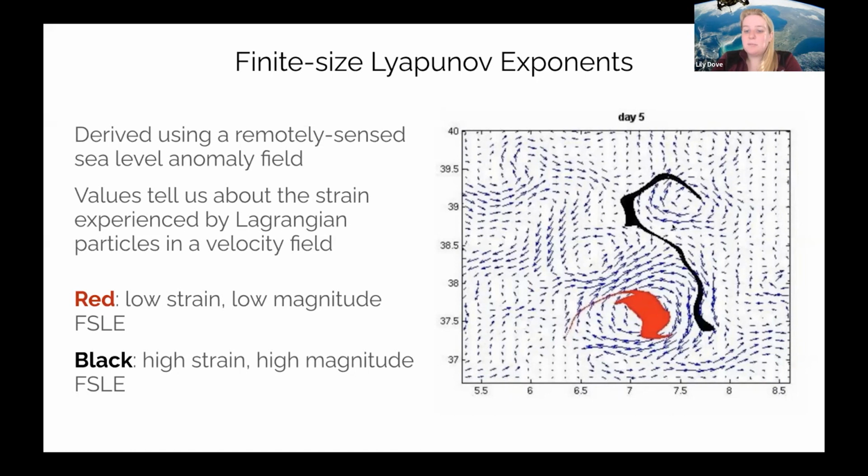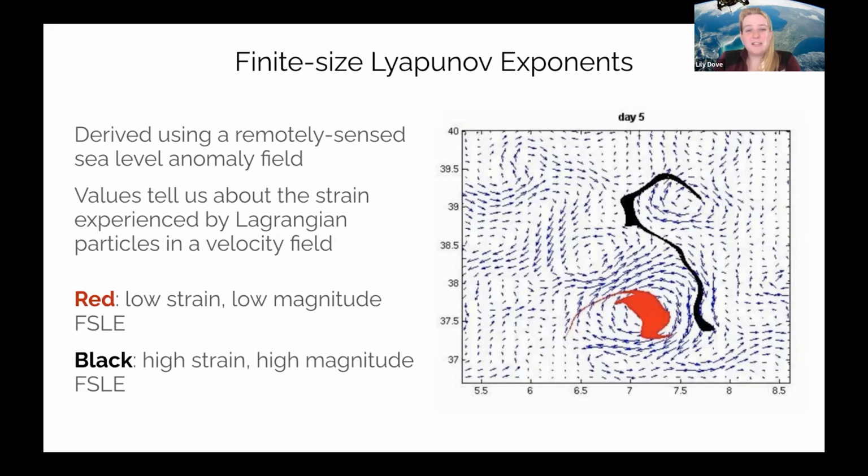On the other hand, these black particles are being placed kind of in this saddle point and are being stretched rapidly apart. And you can see that this happened over the order of just 10 days. You got transport of particles degrees of latitude apart from each other. And so this high strain results in high magnitudes of FSLE.